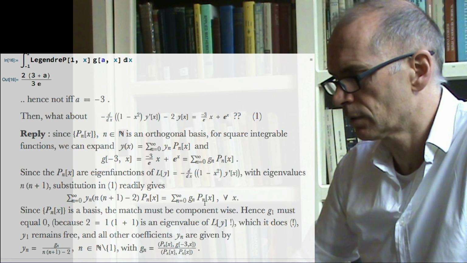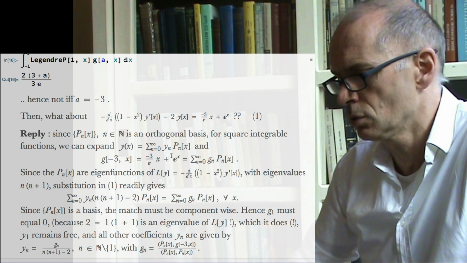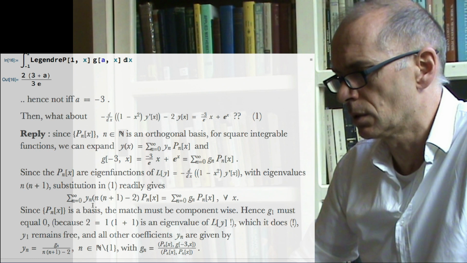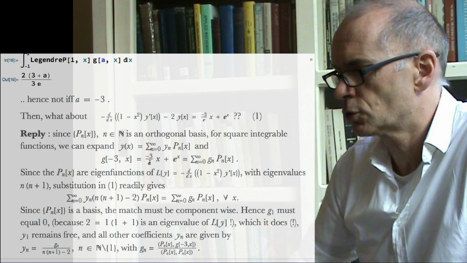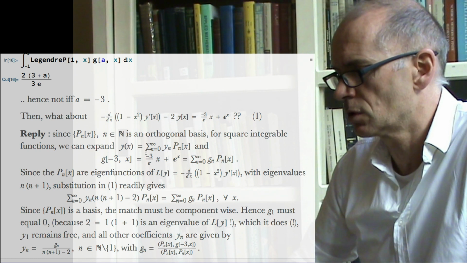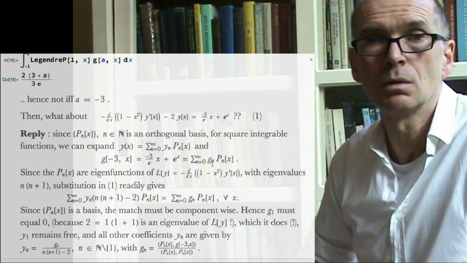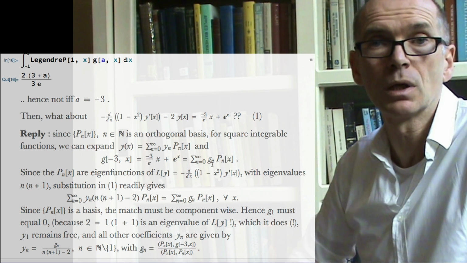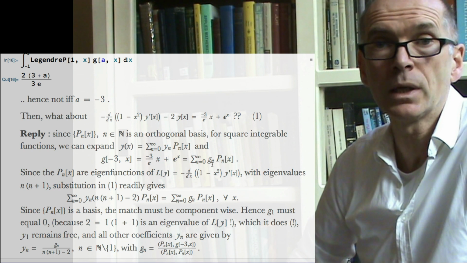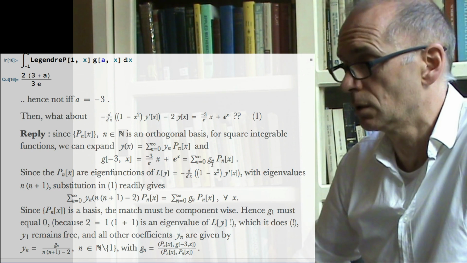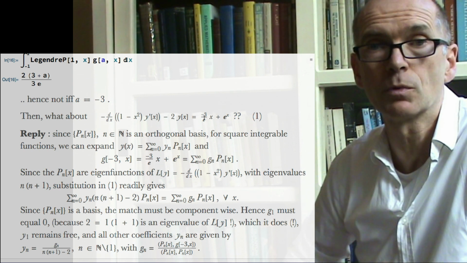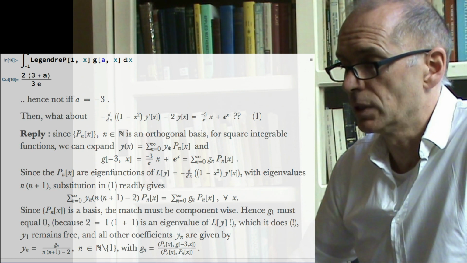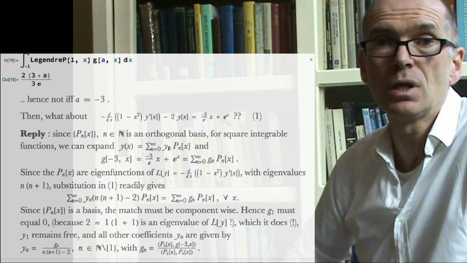Now if you look at it, it allows you to calculate the yn. The gn should be considered as given because this function is given, and you can in principle just calculate the gn by the projection formula. But the yn are unknown because the y function is the unknown function of this problem. So the coefficients y1, yn at this stage are unknown.